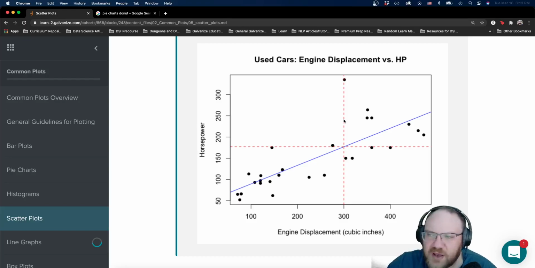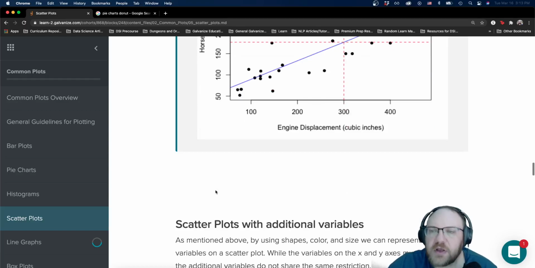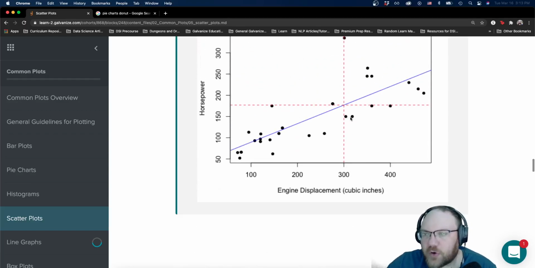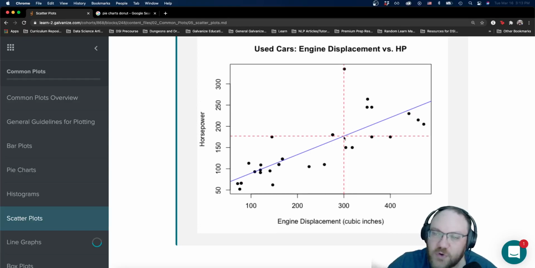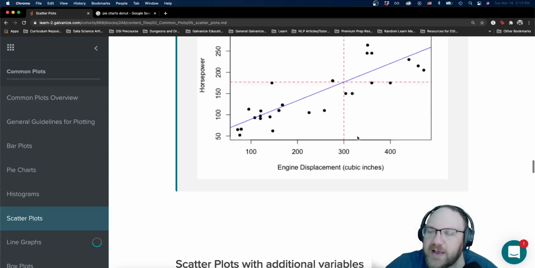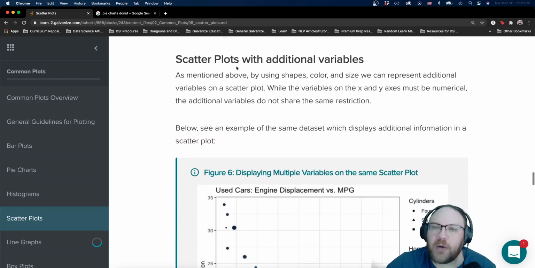You might also use a scatter plot in time series data where time is on your x-axis. I think we'll see a little bit of that in our next lesson on line graphs. But linear regression is often what you'll use scatter plots for, or need to interpret them, as a data scientist.